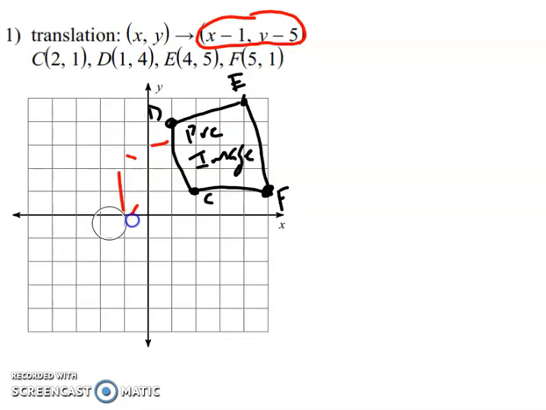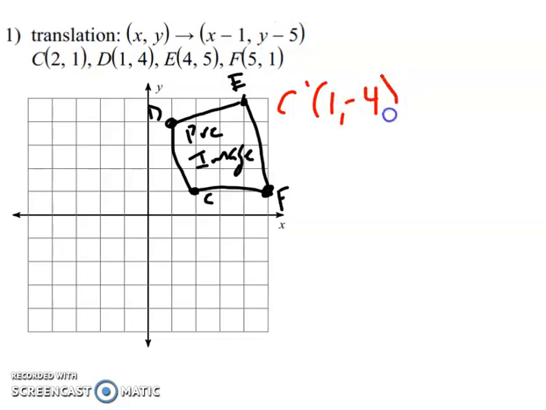But in order for us to do that, let's apply the rule first to make it easier on us. So C prime is going to be 2 minus 1, which is 1, comma 1 minus 5, which is negative 4.